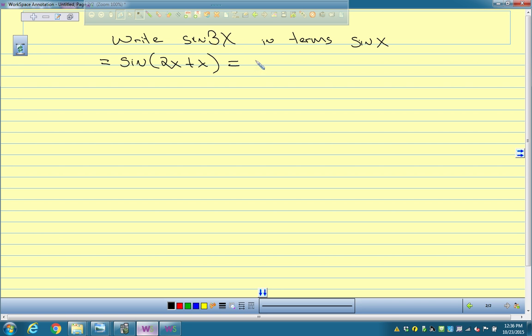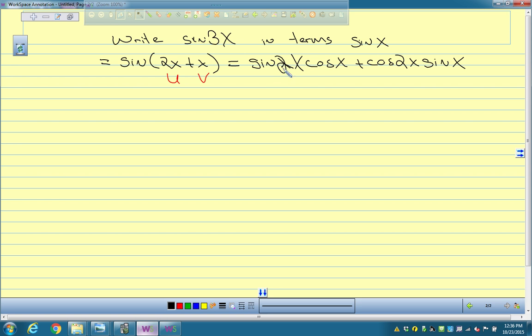Call this u and this v. So sine of u, which is sine of 2x, times cosine v, which is x, plus cosine u, which is 2x, times sine v, which is sine x in this case.